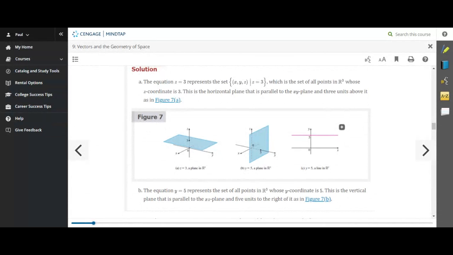If you look at that second picture in figure 7, every point on that plane has a y coordinate equal to 5. The x and z coordinates vary, but the y coordinate equals 5. That traces out that vertical plane. Do you see how that works?